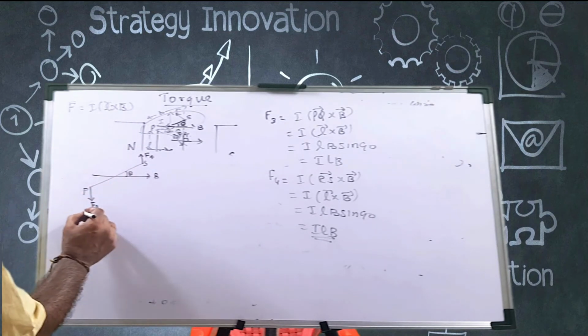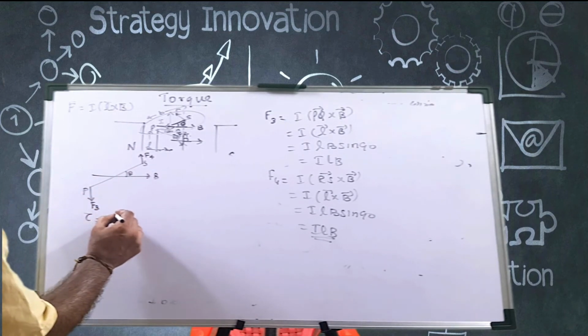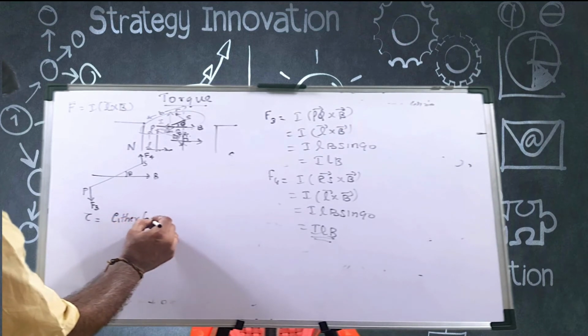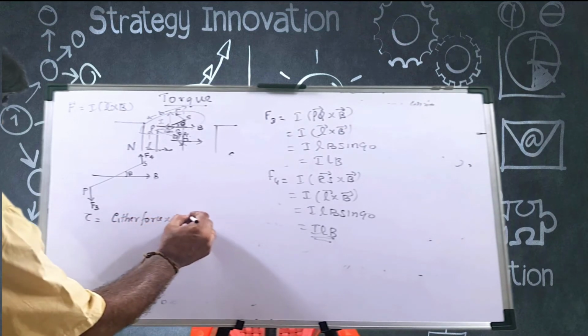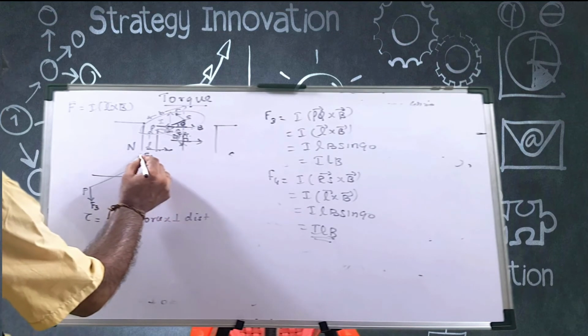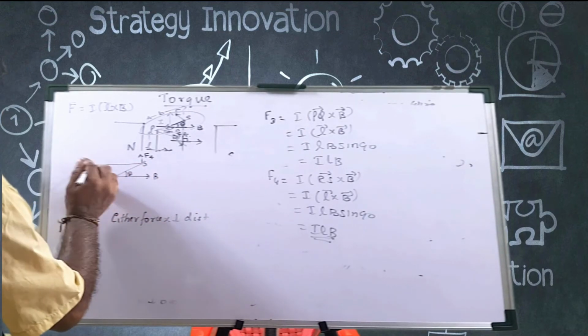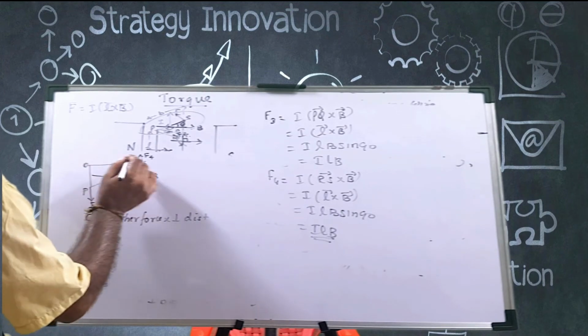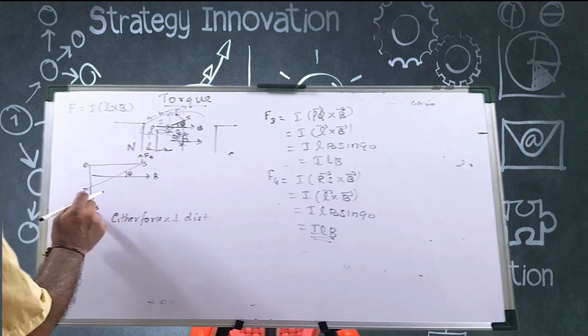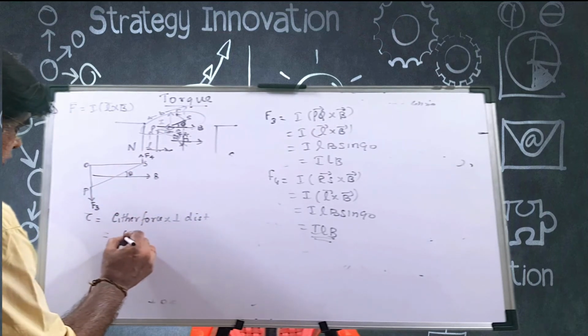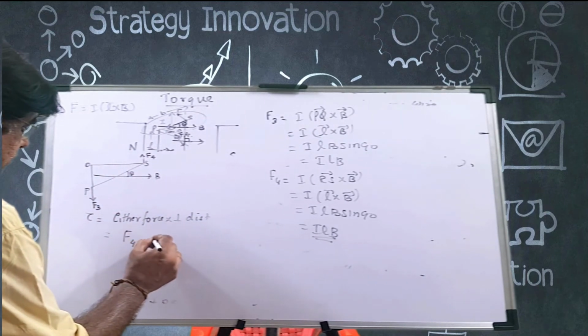So my torque formula is always going to be equal to, you take either force, into your perpendicular distance. So my F4 into my perpendicular distance, let's take OS, or F3 into OS, anything is okay. So my torque will be F4 into OS.